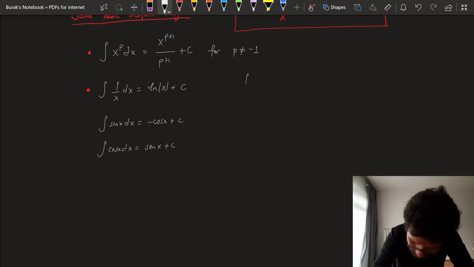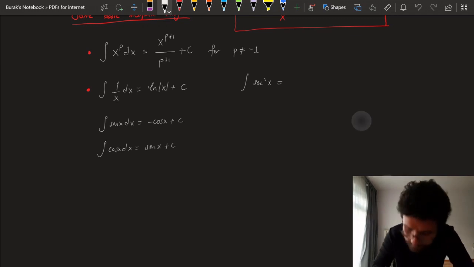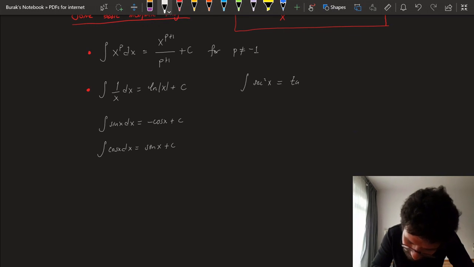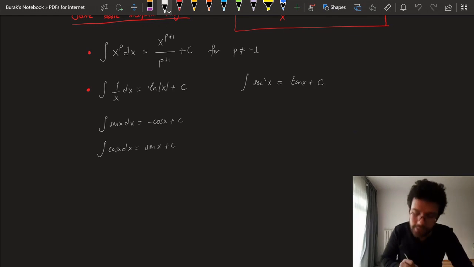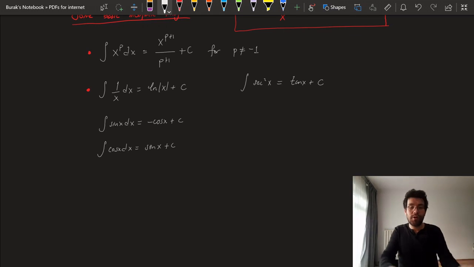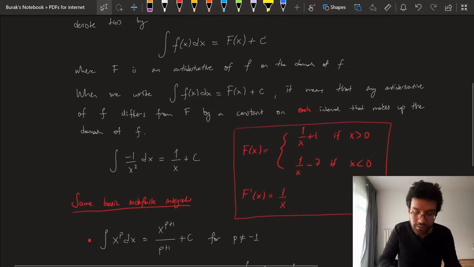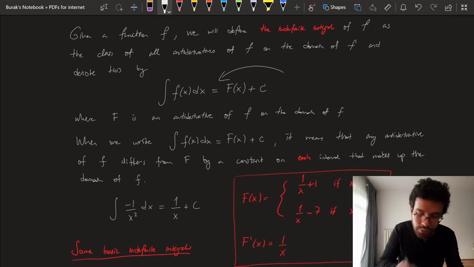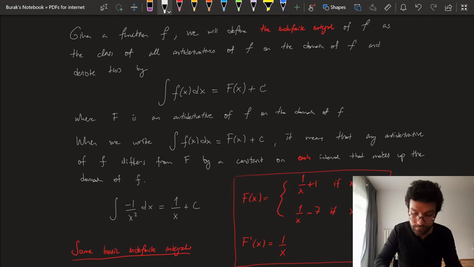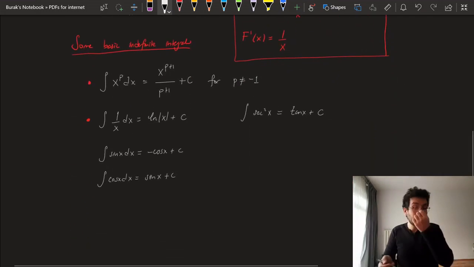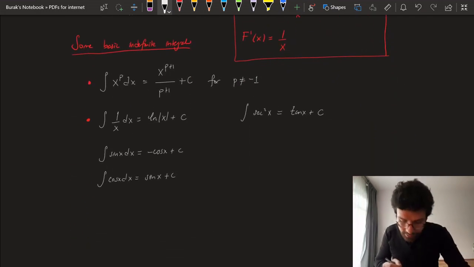Let's take the integral of secant squared. This is tangent x plus c. How do you prove such an equality? You're supposed to differentiate big F and you're supposed to get little f. When you differentiate tangent, you're going to get secant squared, so that's that.